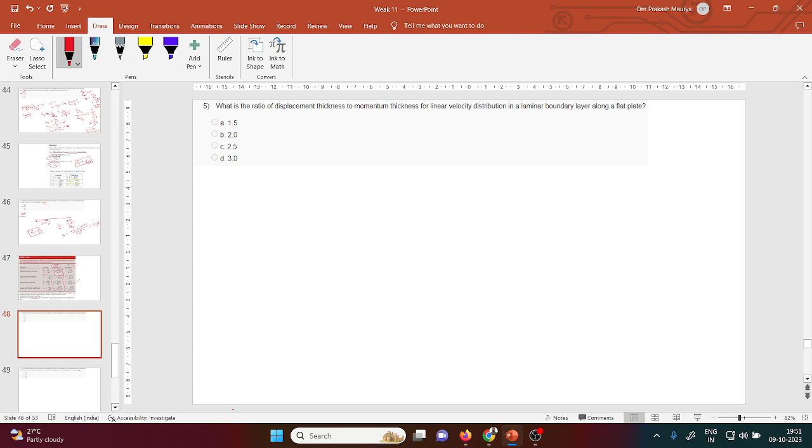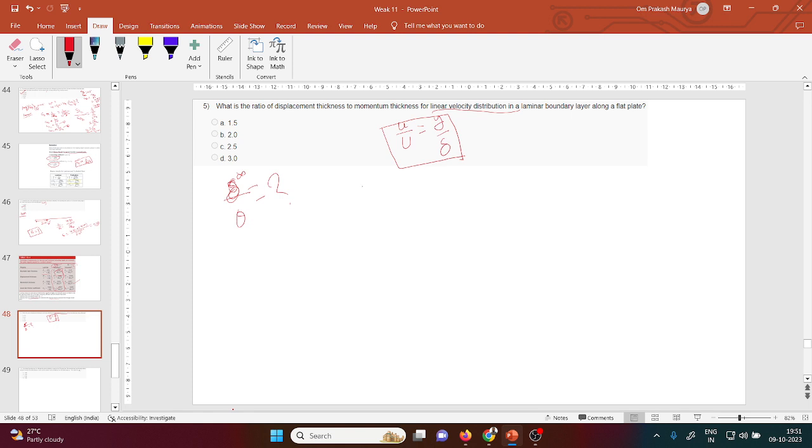So here the displacement thickness to the momentum thickness, that is your delta star divided by theta, is how much? And the linear velocity distribution means small u by capital U equals y by delta. This is the linear distribution.